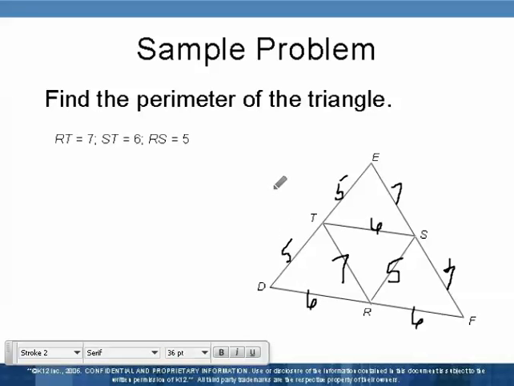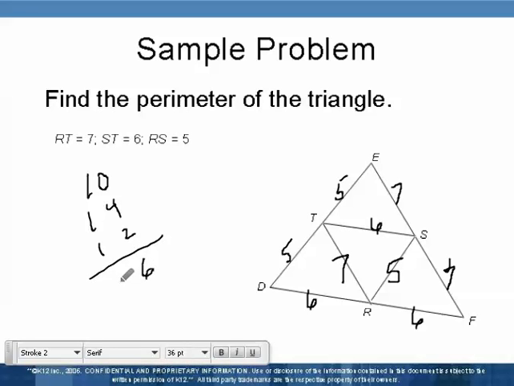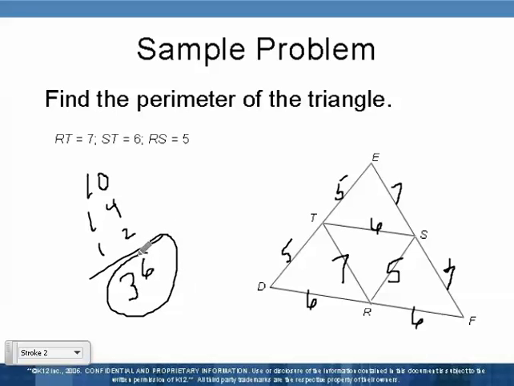So we can actually find the sides of those triangles. We've got one side that's 10, one side that's 14, and one side that's 12. And we add those three numbers up to find the perimeter, and we get 36. So we found the perimeter of that triangle just by knowing the dimensions on the smaller triangle in the midsegment.